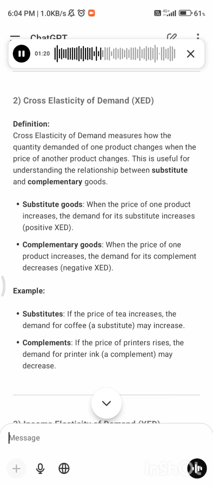Positive XED. Complementary goods. When the price of one product increases, the demand for its complement decreases. Negative XED. Example, substitutes. If the price of tea increases, the demand for coffee, a substitute, may increase. Complements. If the price of printers rises, the demand for printer ink, a complement, may decrease.